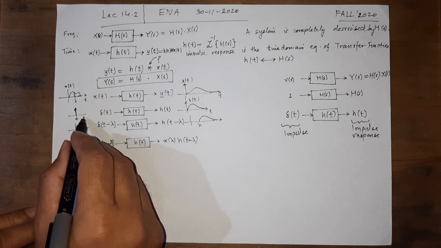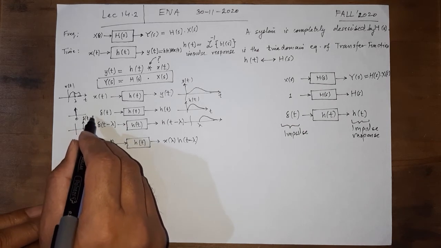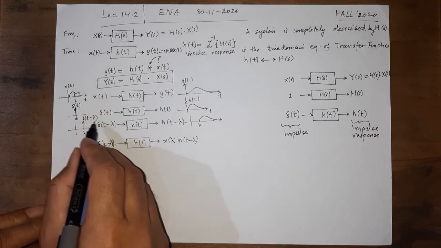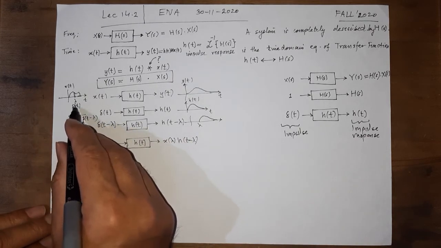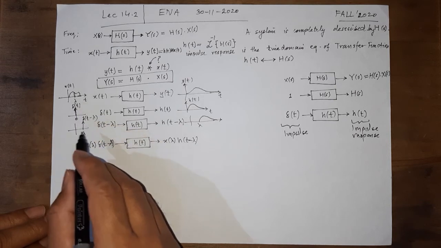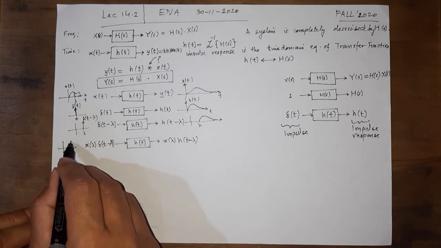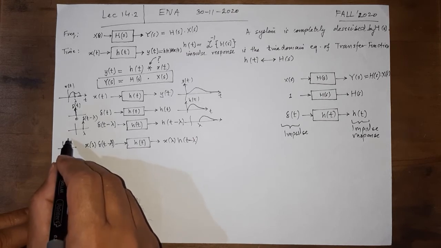So here this is a unit impulse. This is a unit impulse at 0, this is a unit impulse at this point. The area under the unit impulse is unity, 1. But here we are now talking about an impulse at lambda which is not a unit impulse.